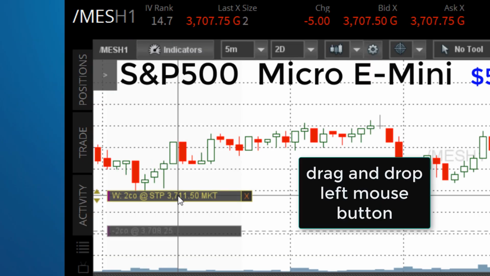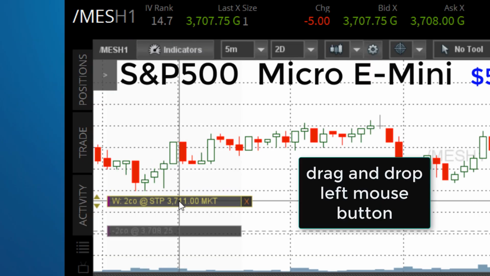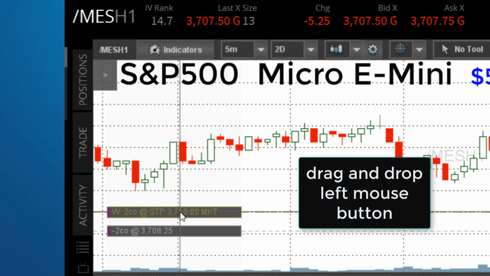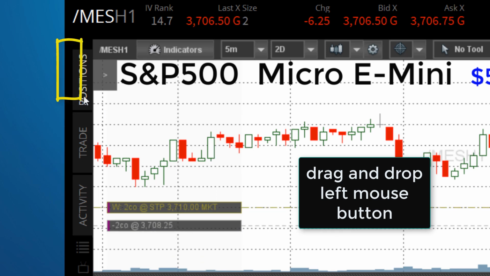Let me show you again how that happens. We just click and drag the left mouse button, bring it down to about 37.10 this time, raise our finger, let the button go, and the order changes down to 37.10 automatically.